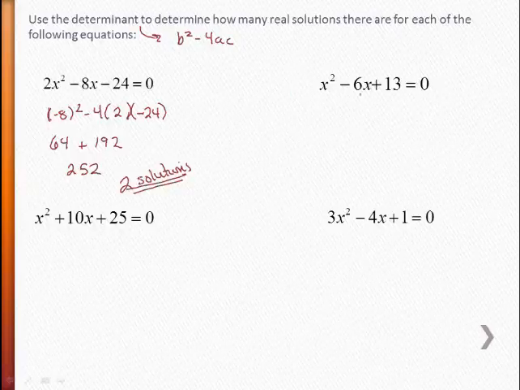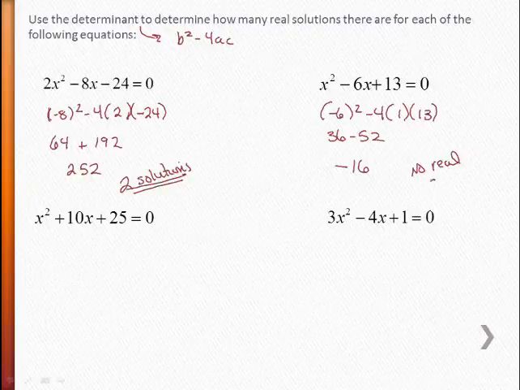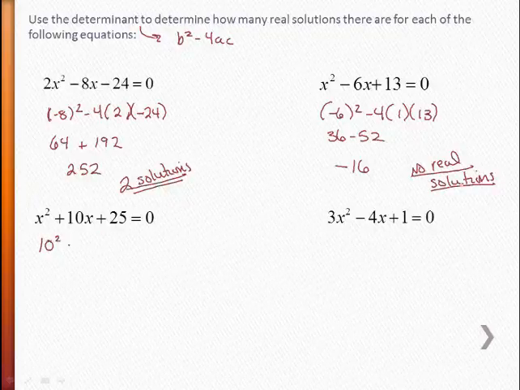Okay. Next one, I have b squared minus 4 times a times c. So 36 minus 4 times 1 times 13 is 52. That is going to result in a -16, so there will be no real solutions. Our next example, I'll have 10 squared minus 4 times a times c.